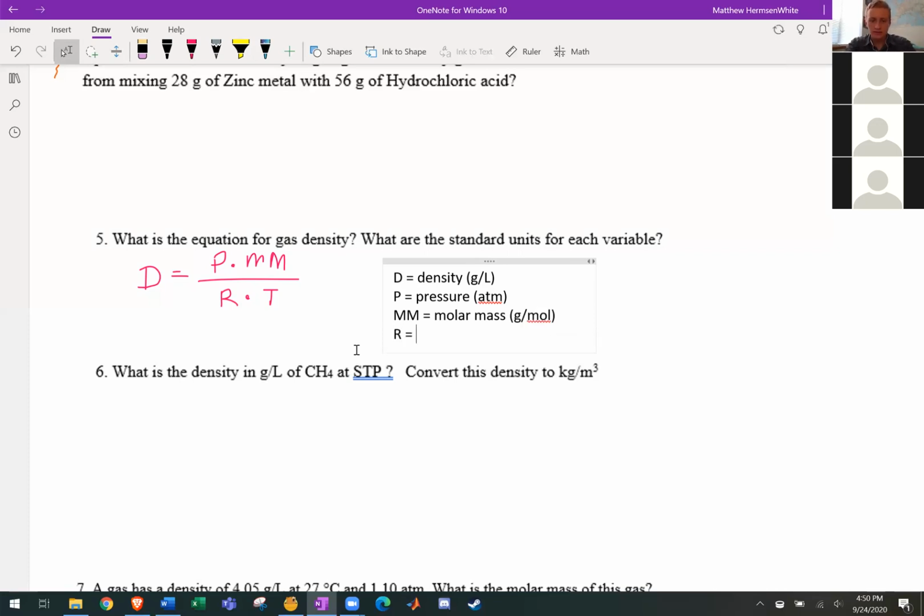R is still the ideal gas constant, and this is 0.08206 liters atmosphere per mole Kelvin. Once again, you don't really need to know the units as long as you're using liters, atmospheres, and Kelvin. And lastly, T is temperature, and we have to use Kelvin as well.